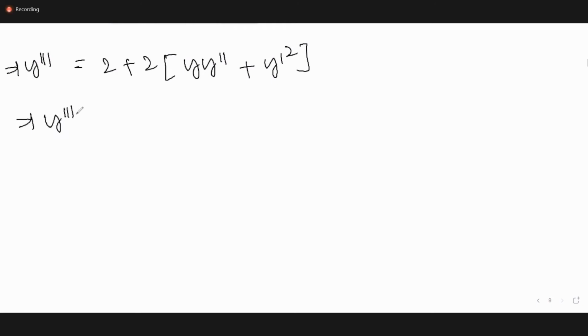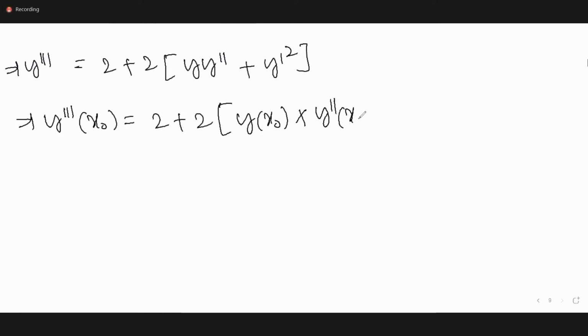Y triple dash of x naught is equal to 2 plus 2 times of y of x naught into y double dash of x naught plus y dash of x naught whole square.